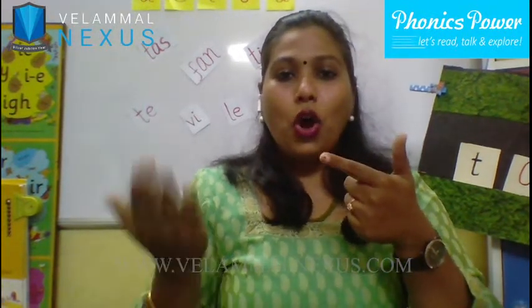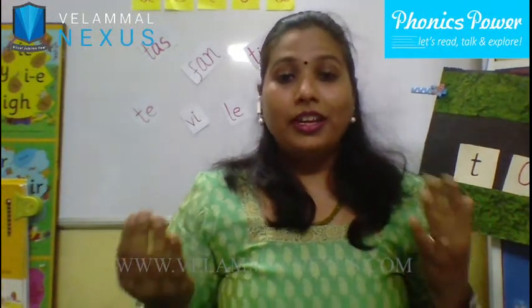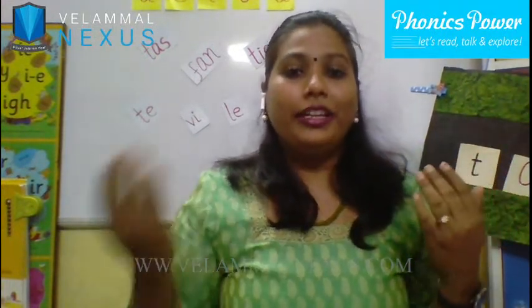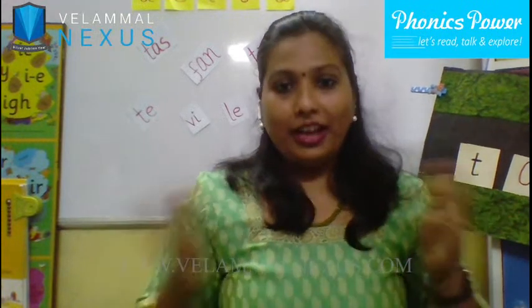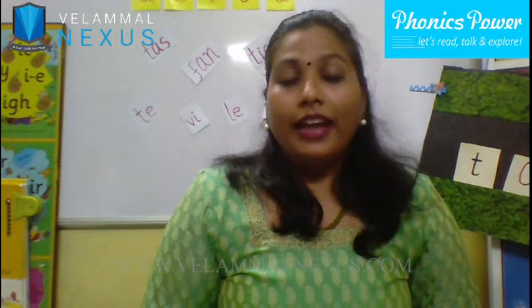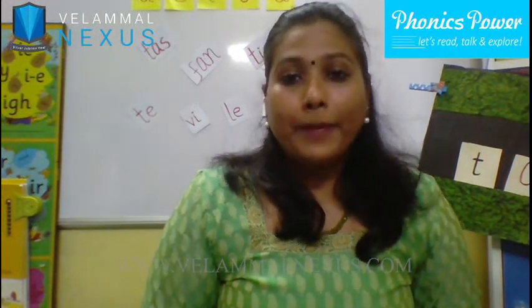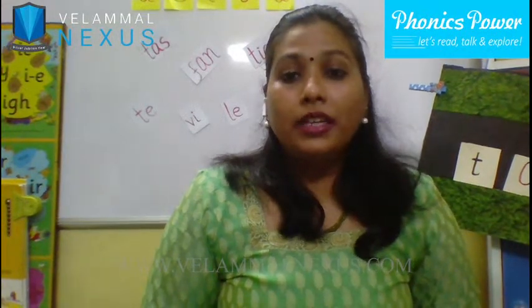H, o, t. So how many sounds do we have in hot? 3. So in this way, they realize that for each sound, I need to jump once, and I need to count the number of sounds in a word. I can go with even longer words like the word must. What are the sounds in must?